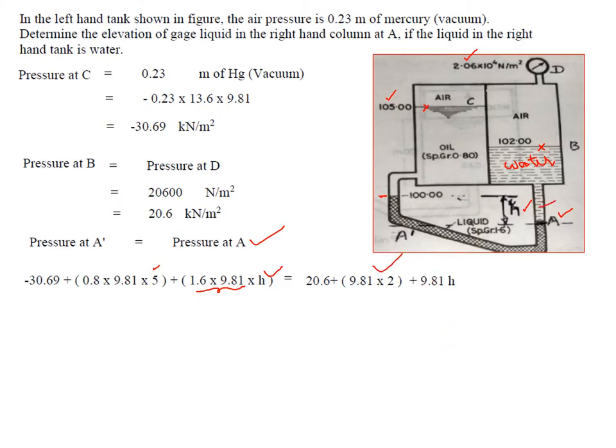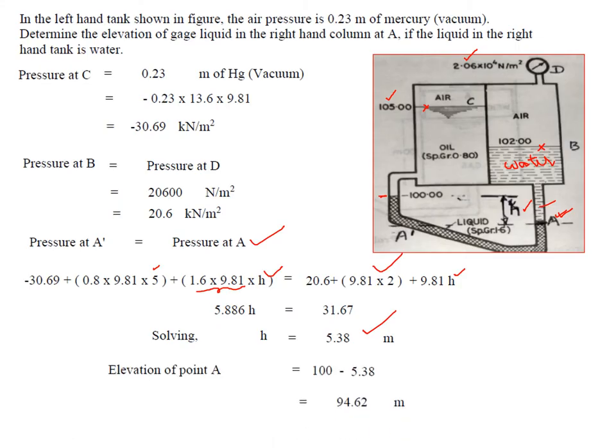So now the only unknown is H, so you can solve for H. So solving, we get 5.38 meters of that liquid. So therefore H is 5.38. In order to find the elevation here, this is 100, so 100 minus H will give elevation. So therefore elevation of point A is 100 minus 5.38, which gives 94.62.